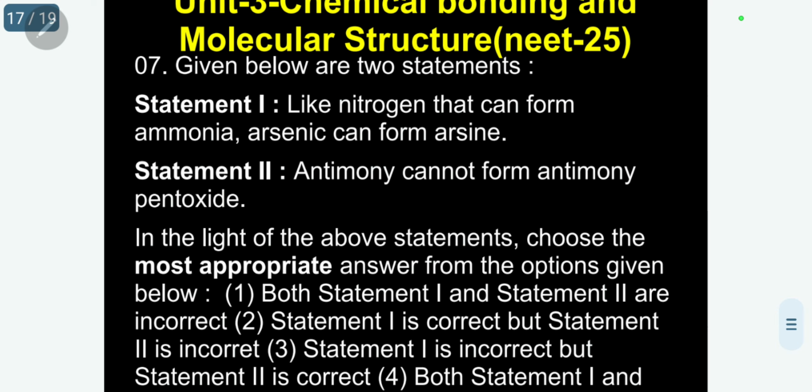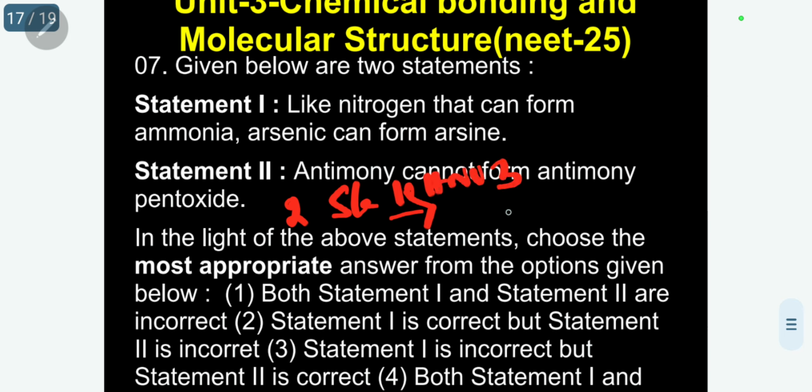One is simple: you take antimony and heat it with concentrated nitric acid.